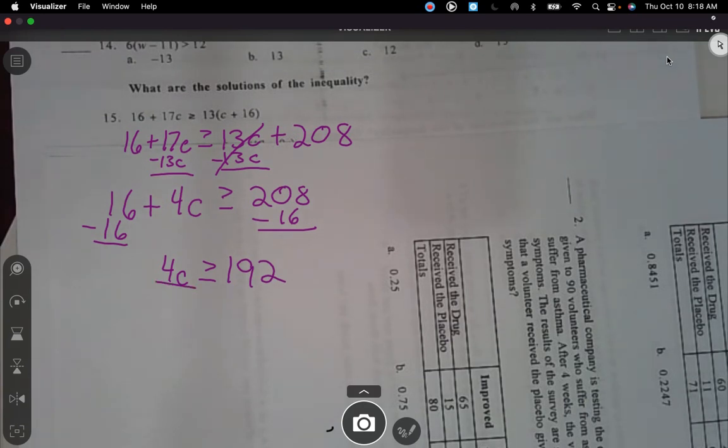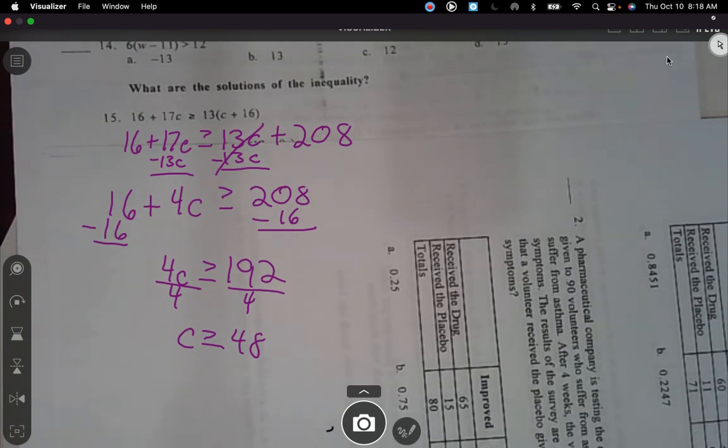Okay. So divide by 4. So C is greater than or equal to what? 43? Somewhere around there. You got 48. That is right. Because that's what's on my paper. C is greater than or equal to 48.